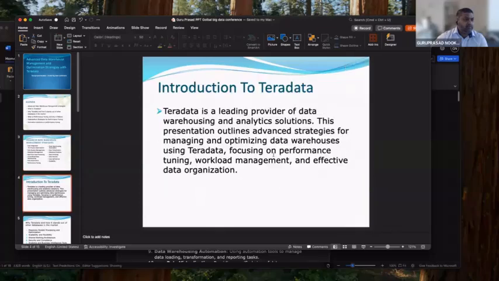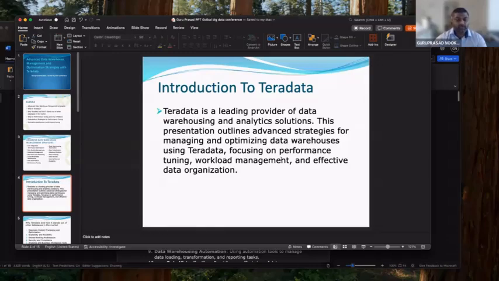And moving to the next one, Teradata. Teradata is another relational database management system with high performance capability and a massively parallel processing feature called MPP, designed for large-scale data warehousing and analytics.